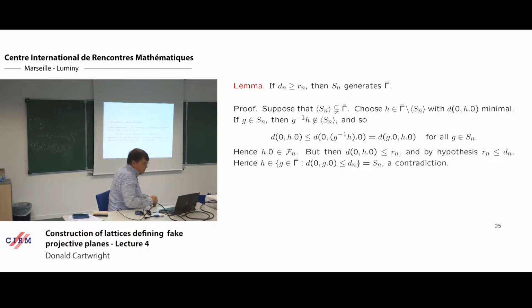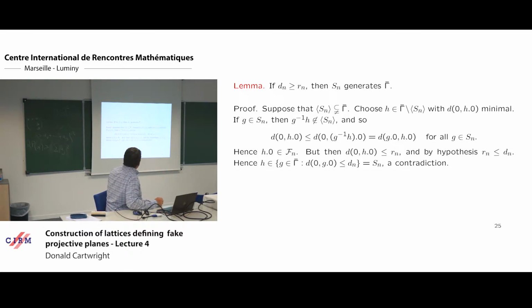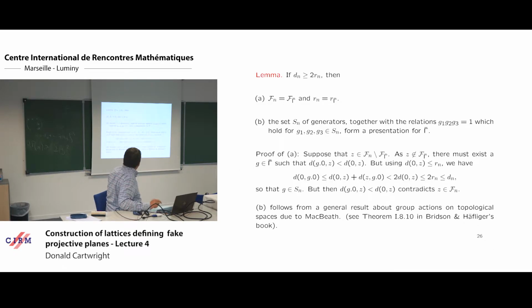I'm running out of time, so I'm just going to skip any proofs here, but these are elementary proofs. If you've gone out far enough so that dn is at least Rn, where Rn is the radius of this fundamental domain and dn is the distance you're going out, how far you've moved the origin, then Sn generates the whole group.